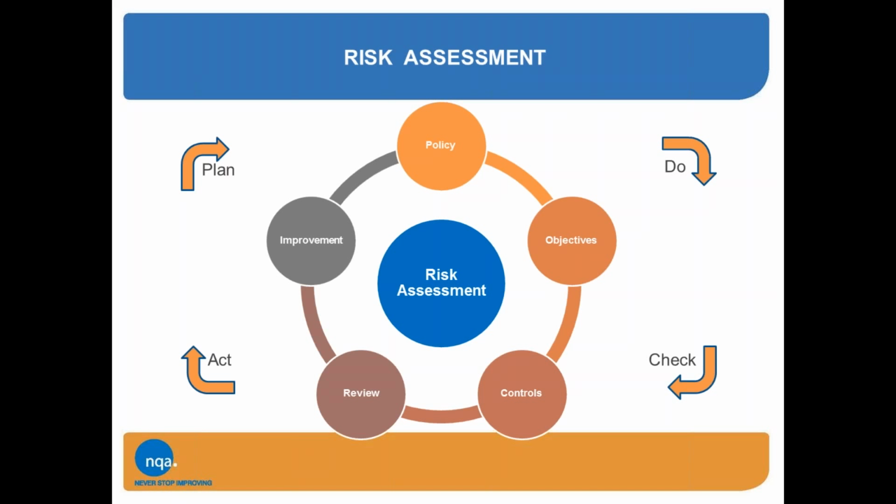The effectiveness of those controls needs to be reviewed to ensure that they're delivering that benefit and controlling that risk appropriately. And where possible, looking for improvement. So that's the plan, do, check, act, basically identified within the management structure.